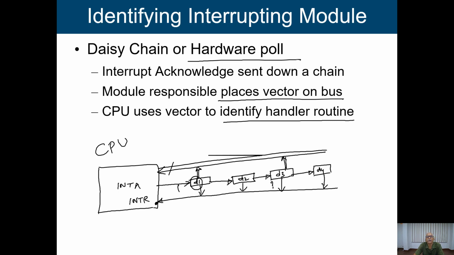Again, when we have this hardware poll, we can resolve the issues of priority, or assign priorities to the devices. How do we assign the priority? The device which is nearer to the processor, nearer in the sense of the electrical interrupt acknowledgement signal, has the highest priority, because this device is going to get the acknowledgement first.